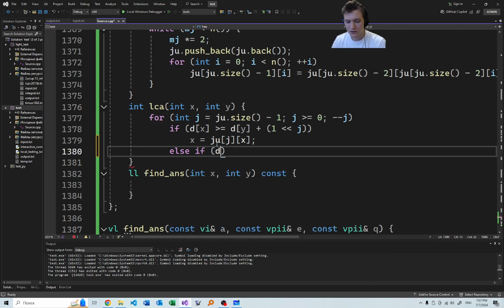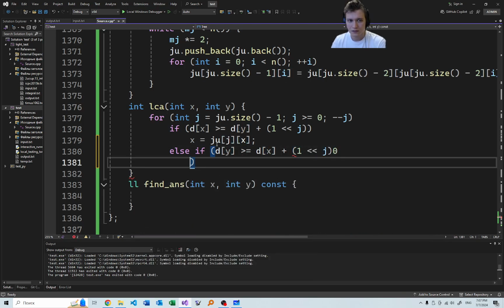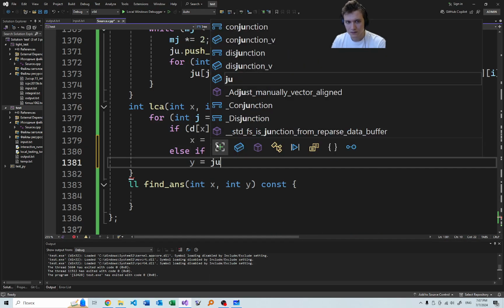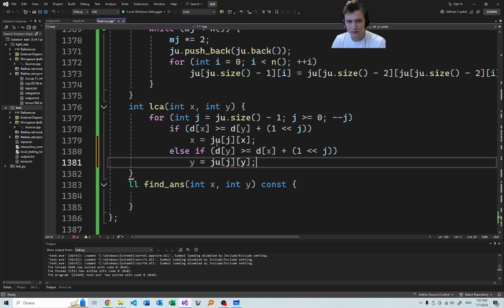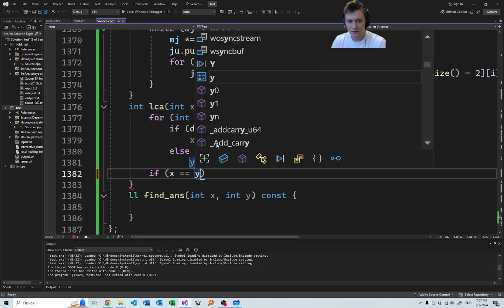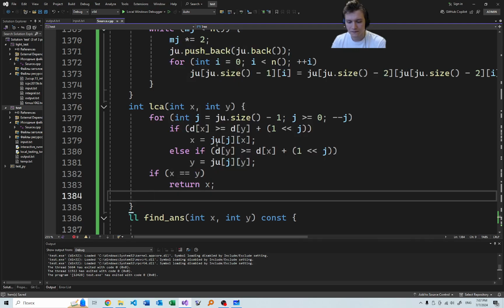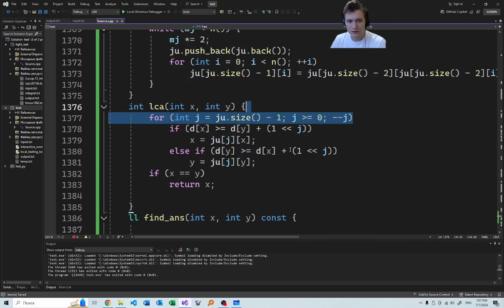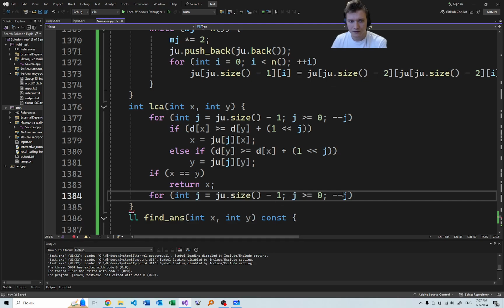And if dy is at least dx plus this, then y is replaced. Then if x is equal to y, then we return x. And otherwise, we again do this.